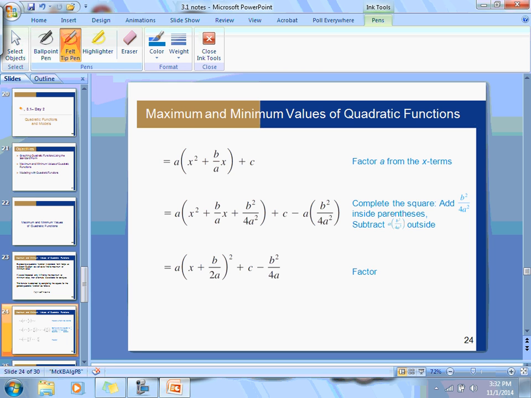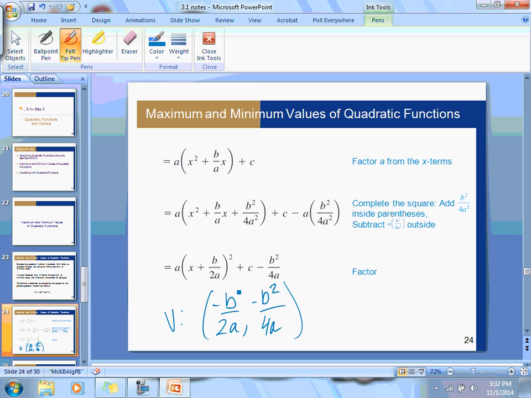Because if you have your vertex, it's going to be the negative b over 2a, and then your b squared over 4a. Okay, so that would be your vertex.